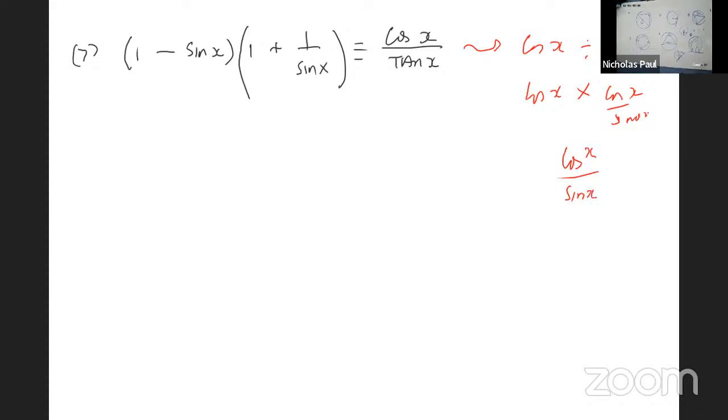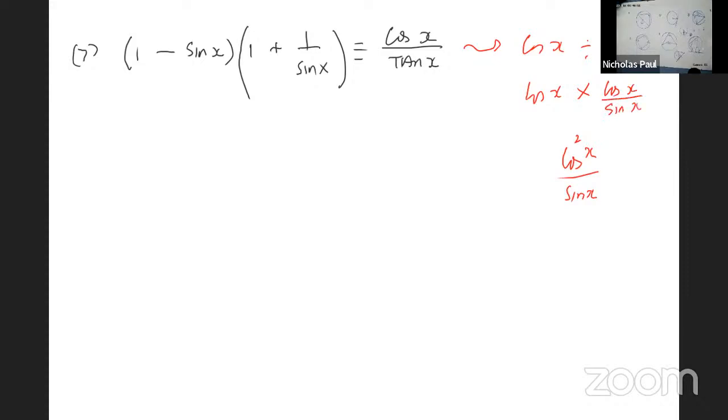So if your left hand side equals cos squared x on sine x, then you have the answer. If your left hand side is not that, then you're in trouble.